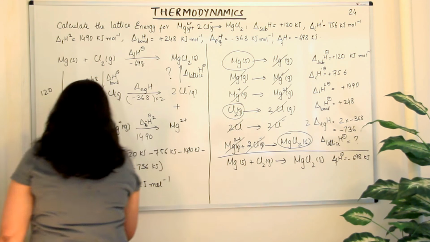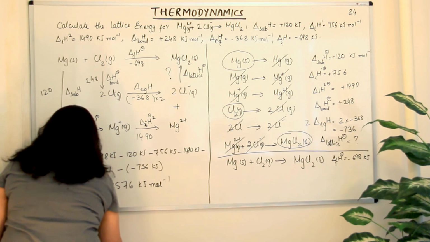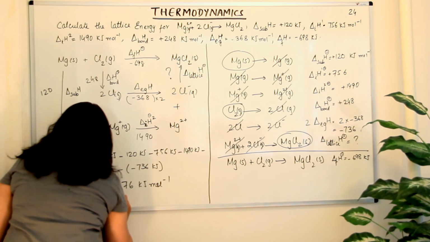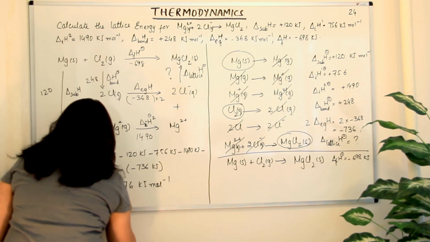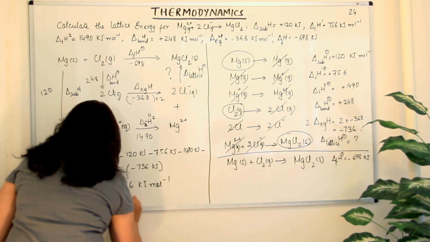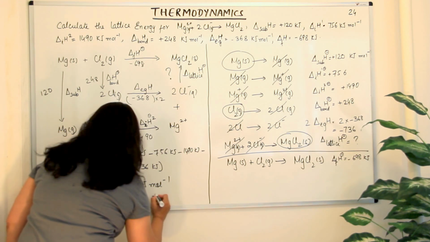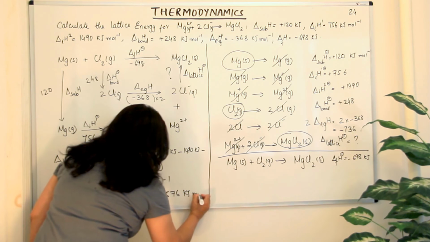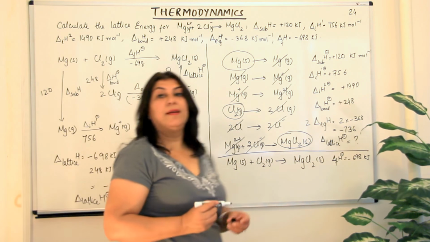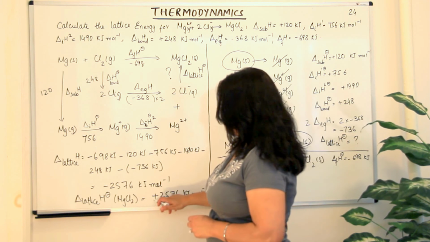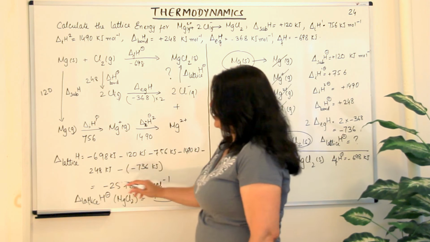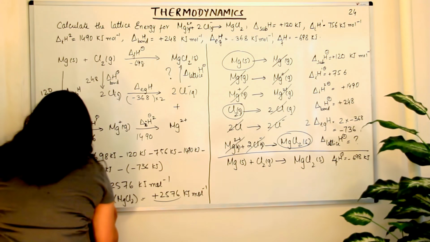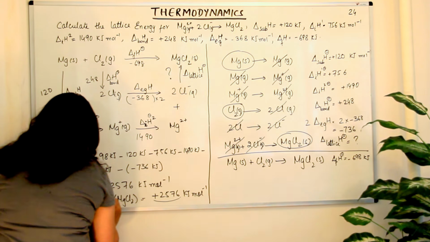So the standard lattice enthalpy for magnesium chloride, MgCl2, would be equal to plus 2576 kilojoules per mole, right? It will be a positive value for all calculations, although this is the lattice enthalpy for formation, and this is the lattice enthalpy for dissociation.